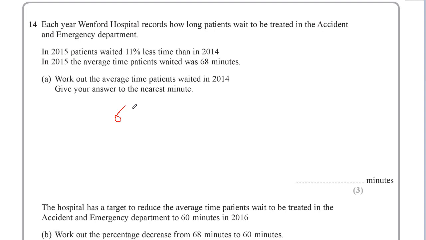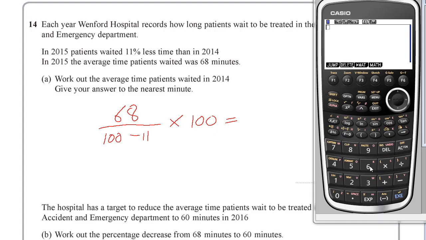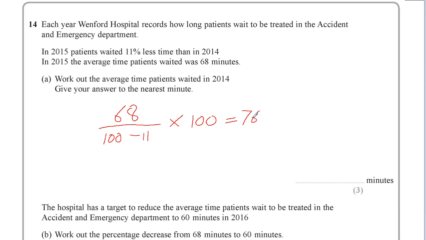So we had 68 minutes divided by 100 minus 11, and then we're going to times that by 100, which would be the 2014, and we should get our answer. 76.404.